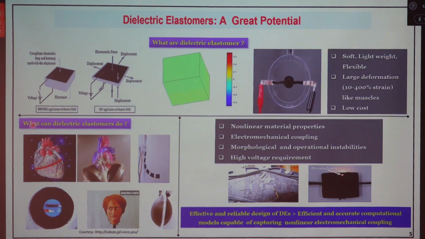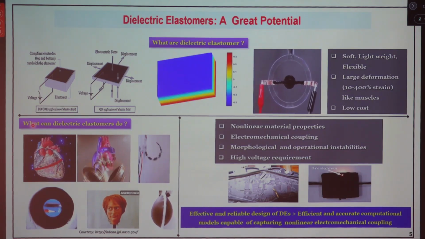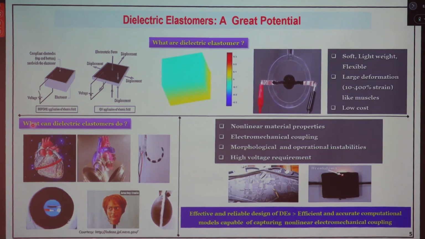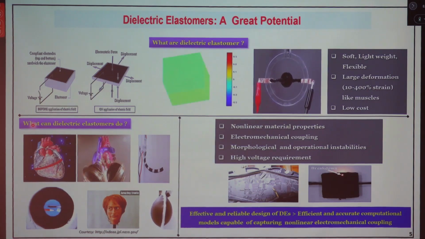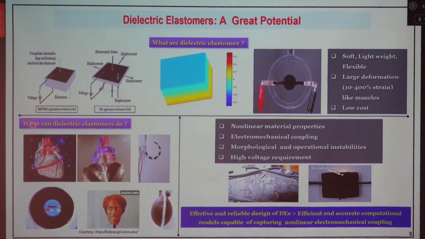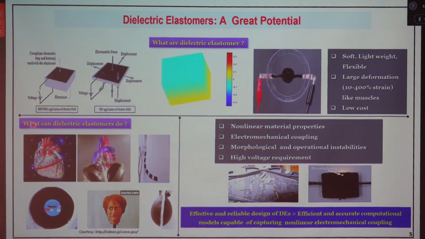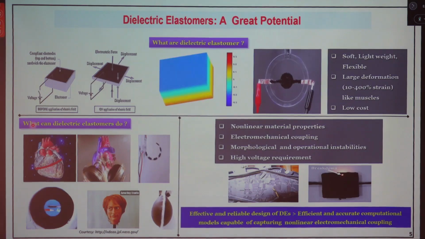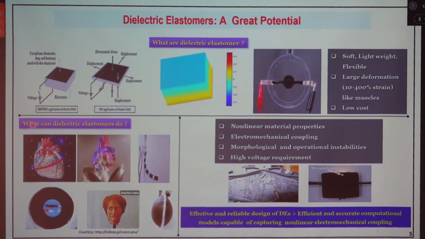Basically, this dielectric membrane is viscoelastic in nature. If you are talking about acrylic elastomer, which is the most abundantly, commercially available type of dielectric elastomer, it exhibits strong viscoelastic behavior. And if I am talking about silicone elastomer, they are all hyperelastic materials.